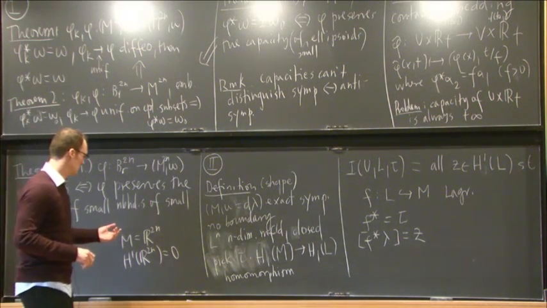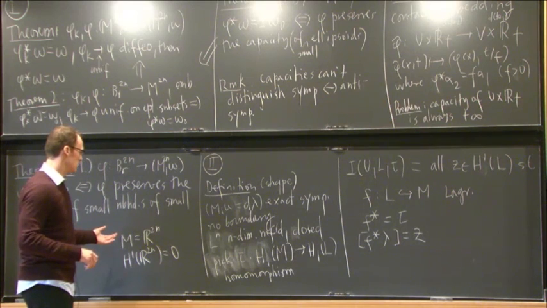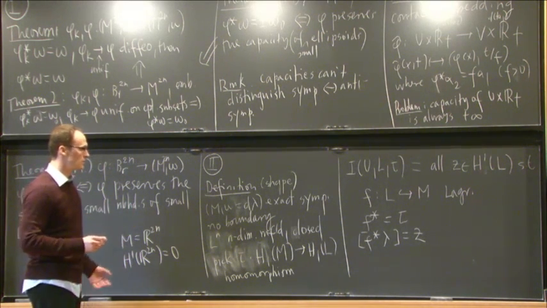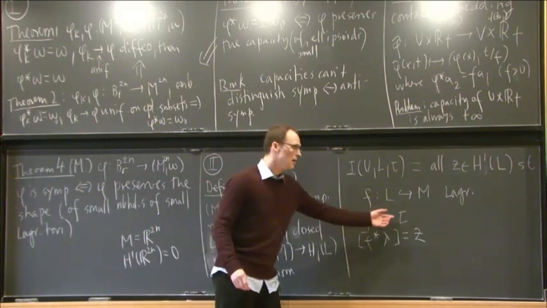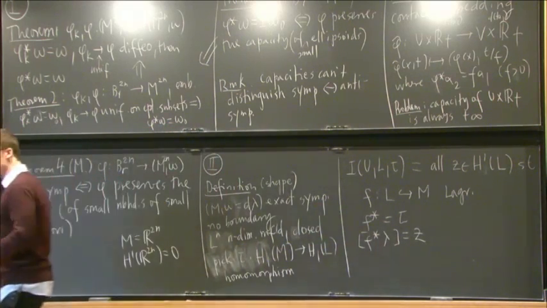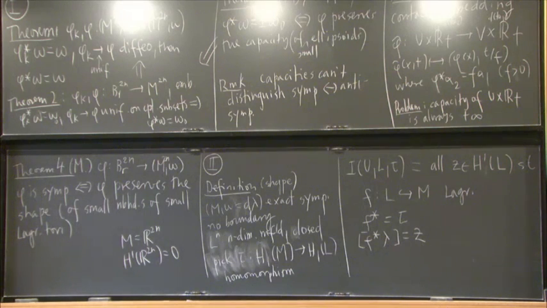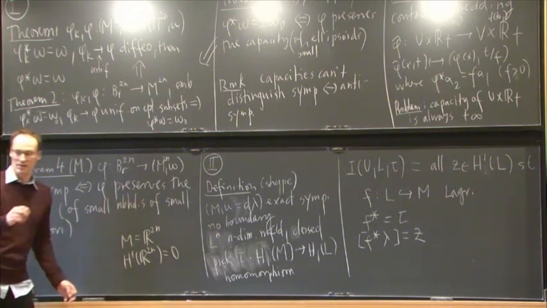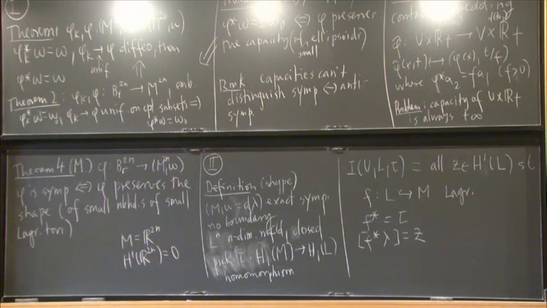So the ambient manifold of an embedding really plays a big role because it tells you something about what tau is. So I'll come back later. But exactly, that's a problem. But if I define this correctly, it's not a problem. But I'll come back to that in a second. All right.